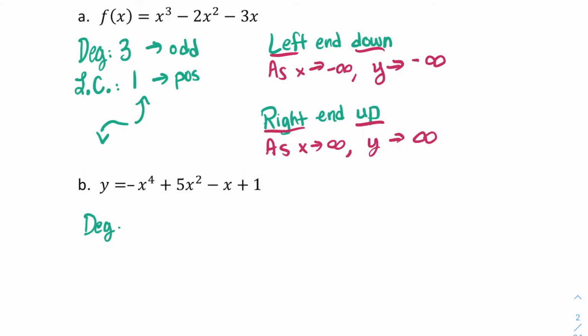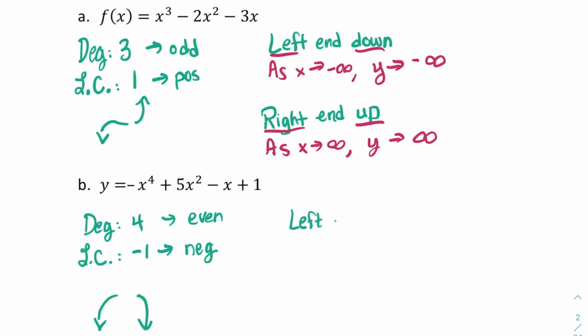So let's look at another one here. This one is degree 4 because that's my highest term's exponent, and it has a leading coefficient of -1. So it's even degree, both ends will be pointing the same way, and it's negative, so that means both ends will be pointing down. So I'm going to say my left end points down and my right end points down. How do I say that with my new mathematical notation?